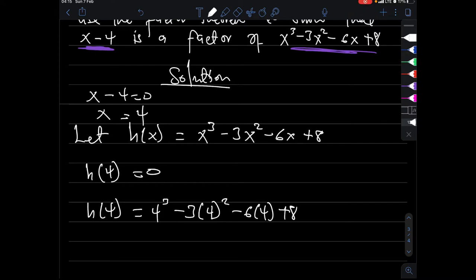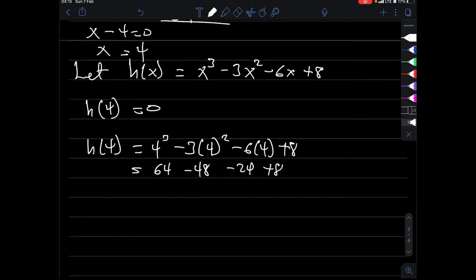Let's do it one by one. 4 to the power 3 gives us 64. Then 4 to the power 2 is 16. 16 times 3 is 48, so we have negative 48. Then we have 6 times 4, that is negative 24. Then we have plus 8. So 64 minus 48 gives us 16.